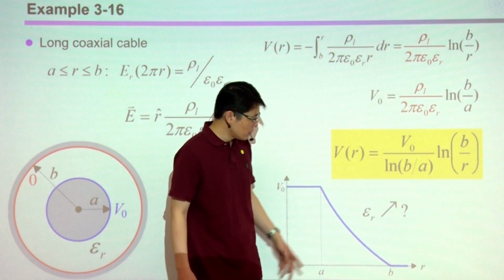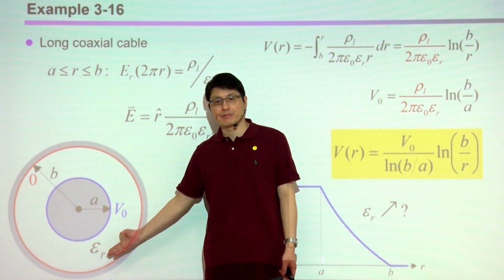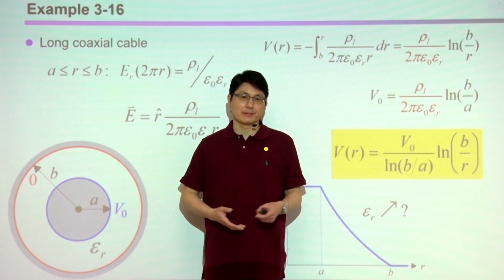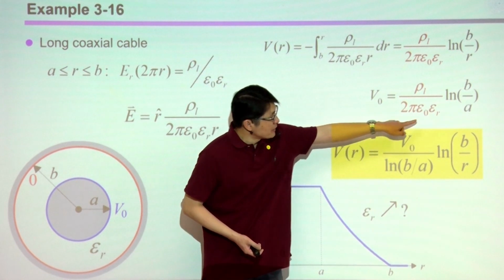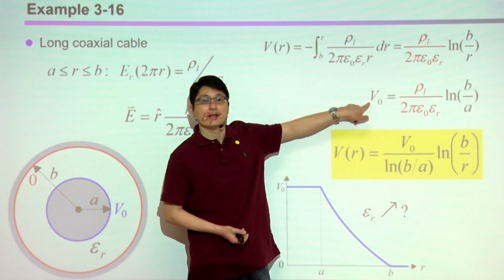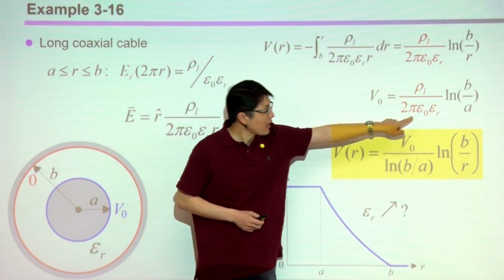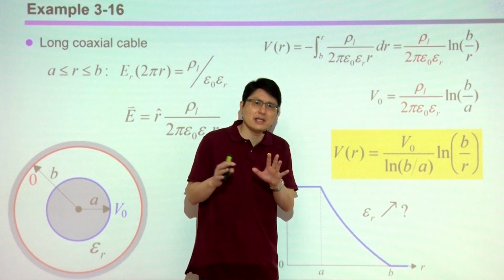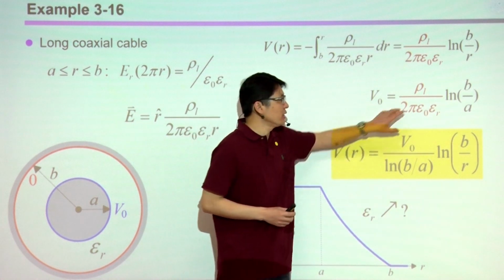So you ask yourself, what if I increase the relative permittivity of the filling material? What is going to happen? Remember, the material effect is actually included in the potential of the center conductor, right? Epsilon r is included here. So although in the final result, you don't see the material response explicitly, it's actually hidden in here.